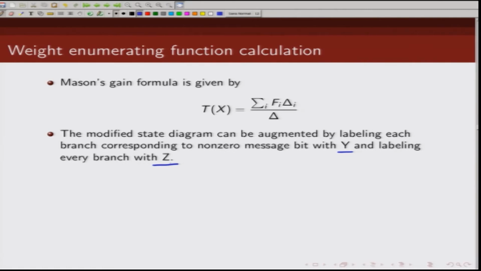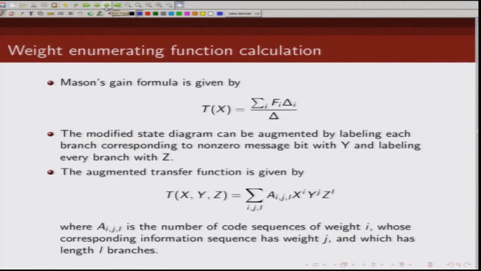So, we can augment our state diagram, what I call a modified state diagram, by adding two additional pieces of information. One is the weight of the message bit, which will be denoted by the power of y, and the other is the branch, which will be denoted by z. So, we can then similarly define an augmented transfer function, which will not only tell us the code word weight, but also the input weight that results in that particular output weight, and also the length of that particular code word.